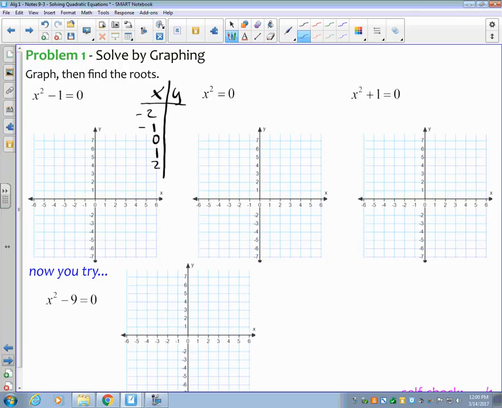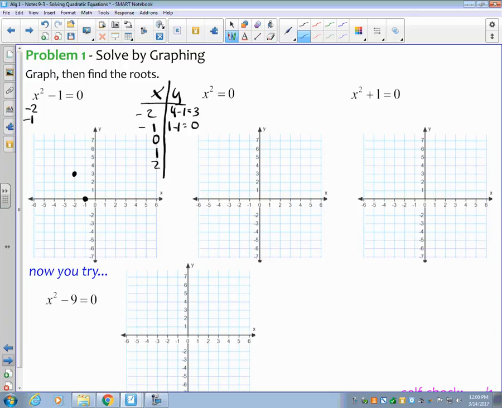When I plug in -2 for x, I get -2 times -2, which is 4, minus 1 is 3. So I'm going to graph -2, 3. Then I'm going to put -1 in. -1 times -1 is 1, minus 1 is 0. Ooh, right there.